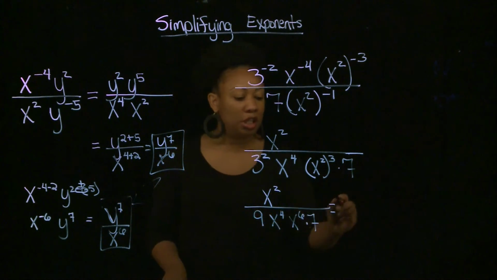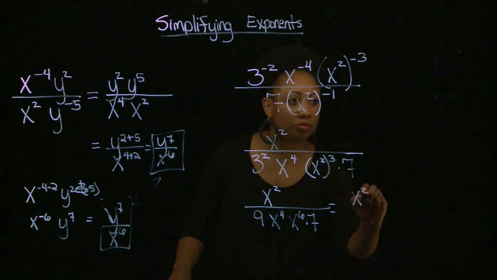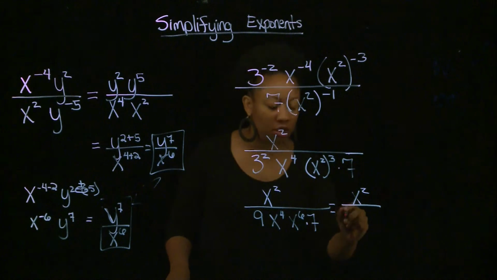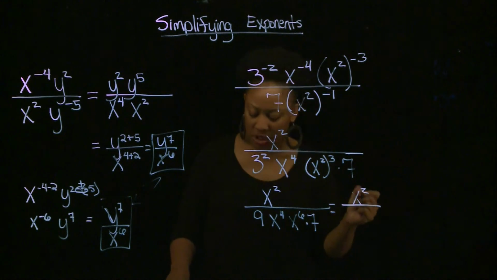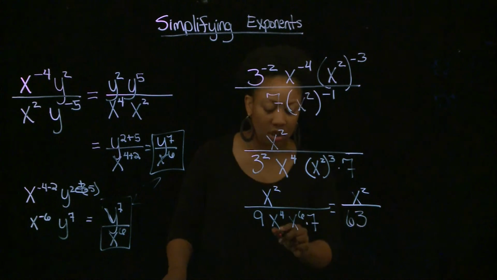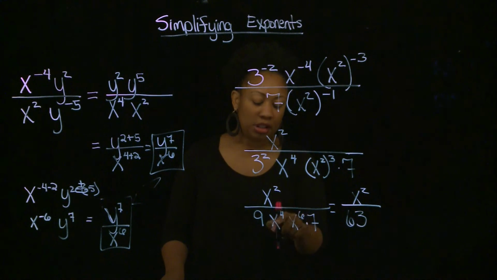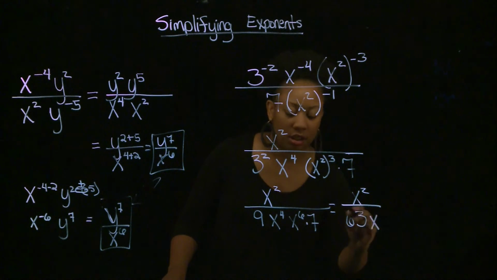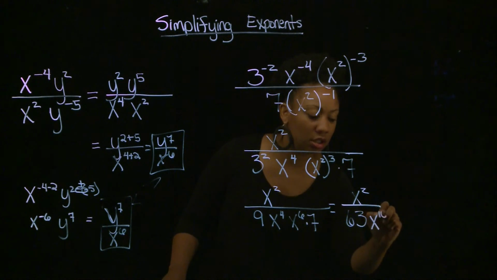I'm going to keep this x squared at the top. 9 times 7 gives me 63. Then I have the same base. I'm multiplying them, so I'm going to add, x to the 10th.